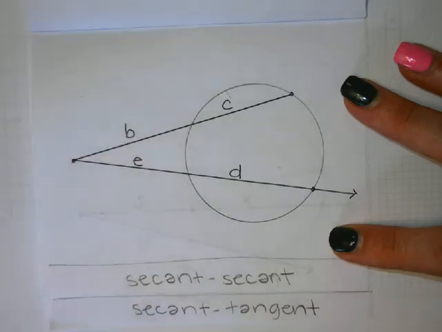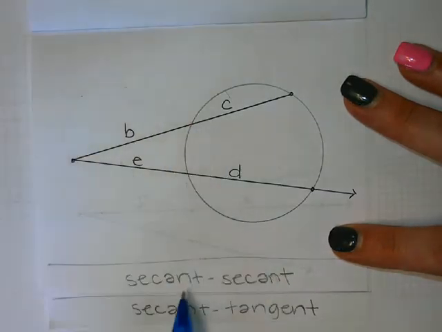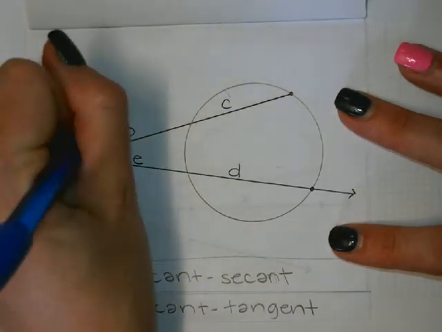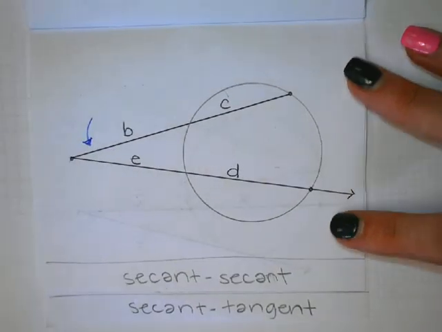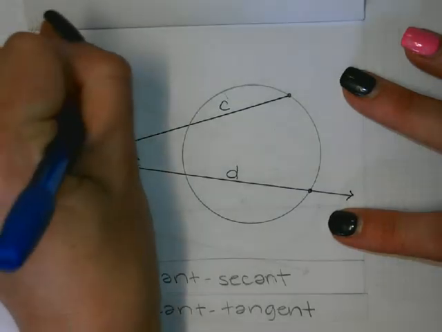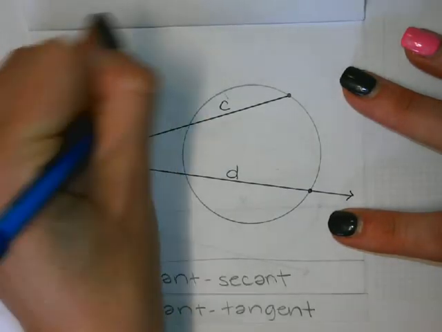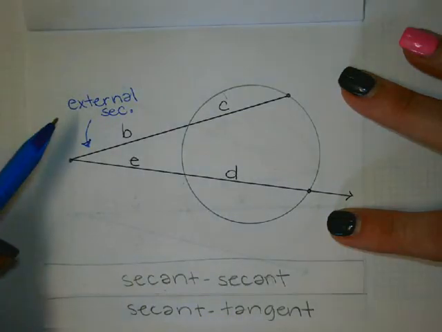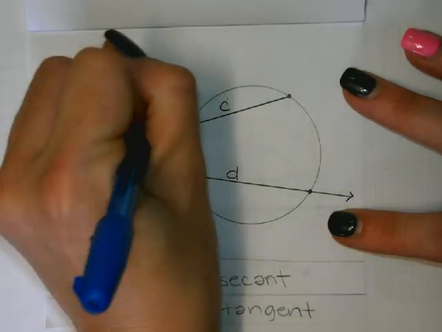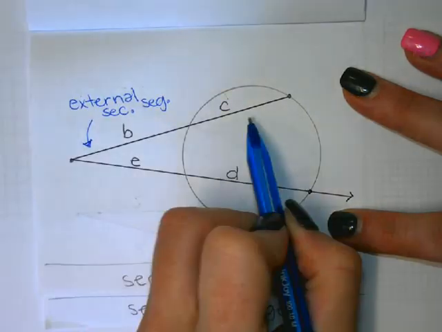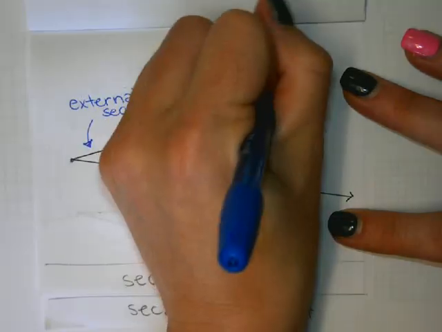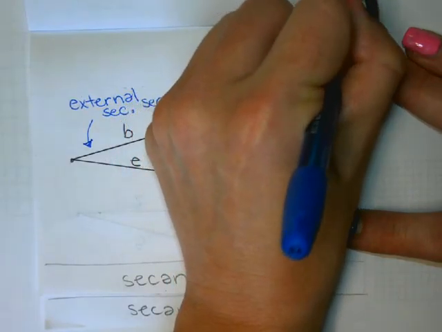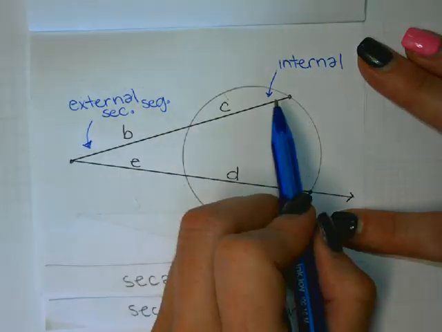But this is 2 secants. So here's how it's going to go. I'm going to have to be able to talk about my external piece of the secant. External meaning outside. So there's my external secant segment versus, that's right, my internal. So internal being inside the circle. So external, outside, internal being inside.